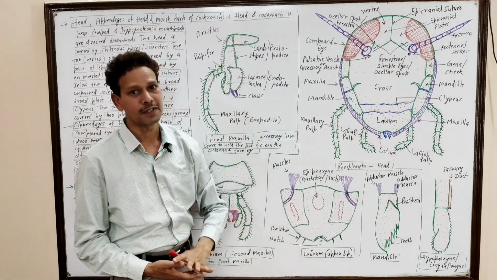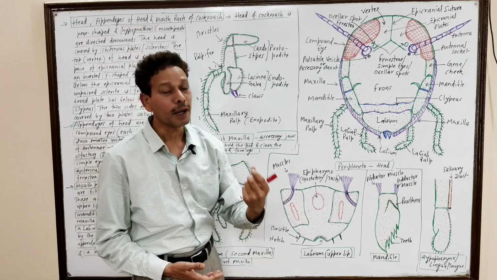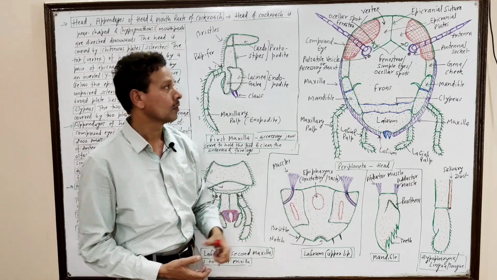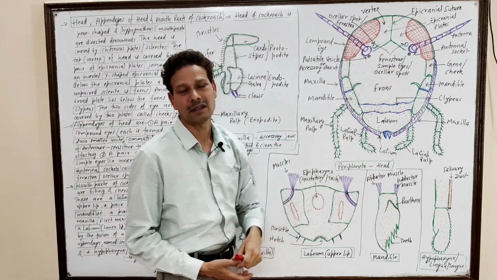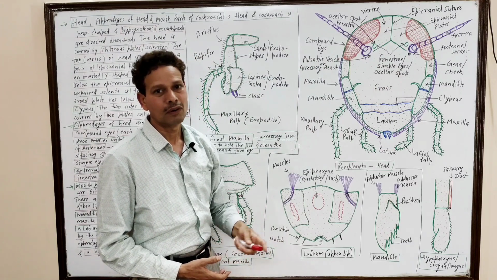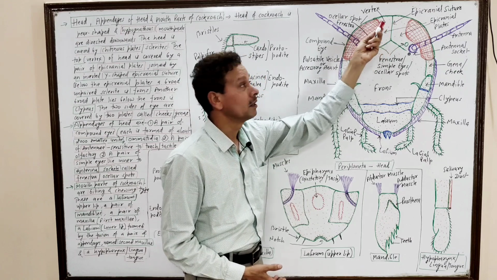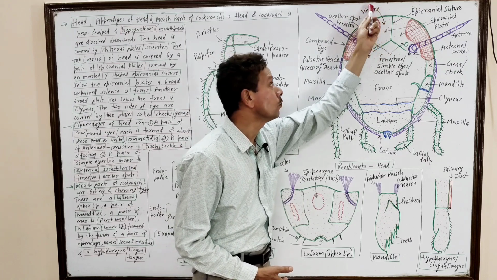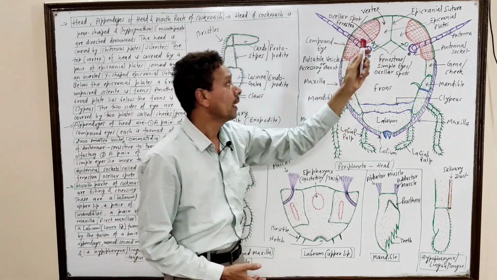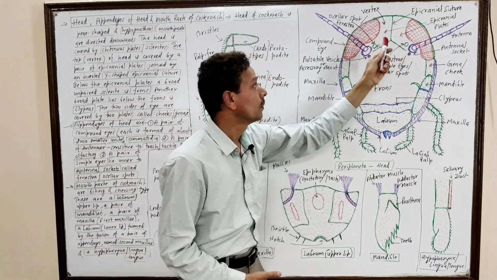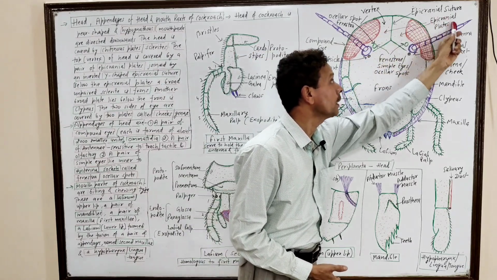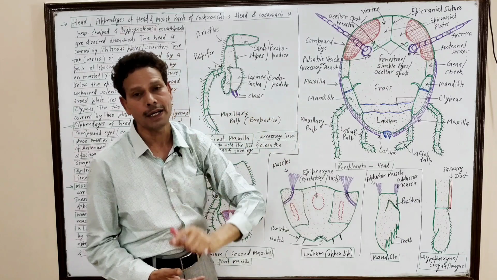And this head, which is an almost triangular, pear-shaped structure, is covered by chitinous plates. These are named sclerites, and the head sclerites are of the following types. The top of the head is the vertex, and it consists of a pair of epicranial plates or sclerites.